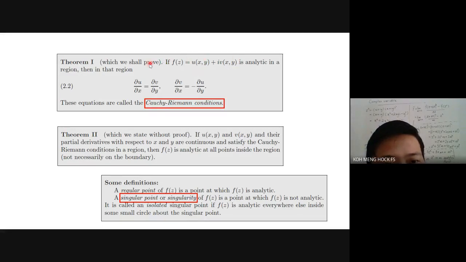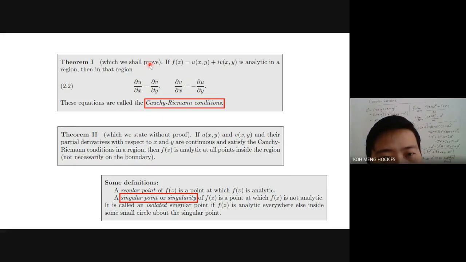Now if I want to show that this is analytic or not, I just have to take the partial derivative of u with respect to x. Maknanya yang ini saya ambil the partial derivative with respect to x only. Dan kalau dia sama dengan partial derivative of v with respect to y. So now I take the partial derivative of this with respect to y. Kalau sama, it means the function is analytic.